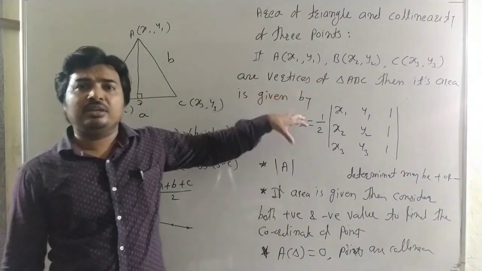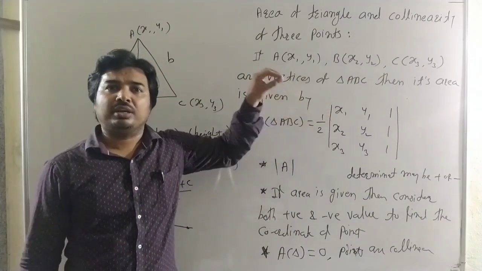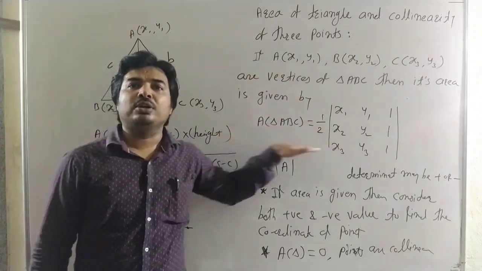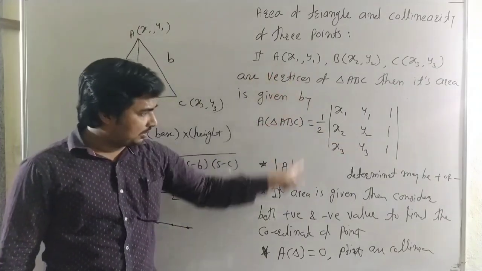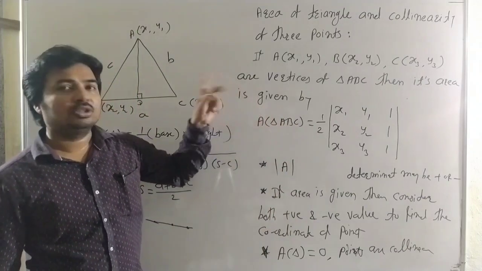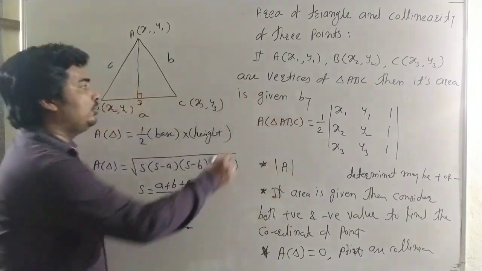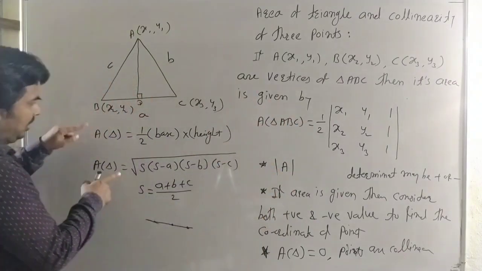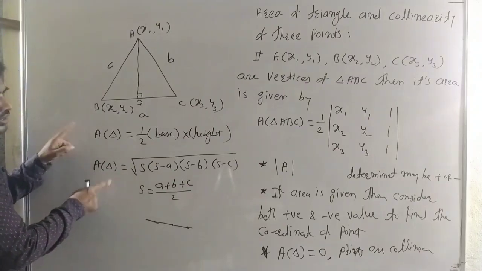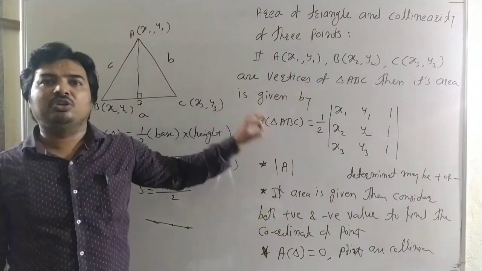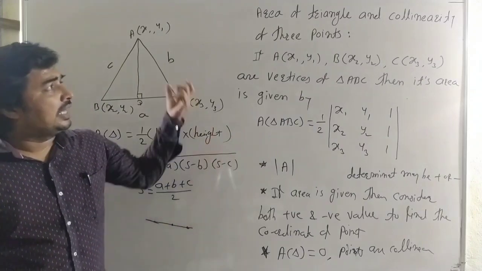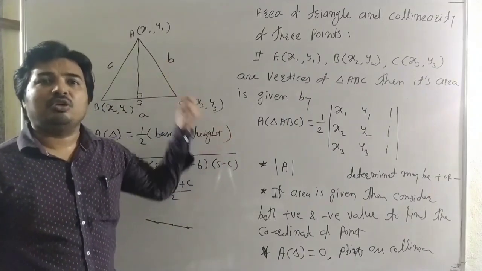If the area of the triangle is 0, then the three points are collinear. Remember this condition. It is the third formula for the area of a triangle. Now we see examples of the area of a triangle.